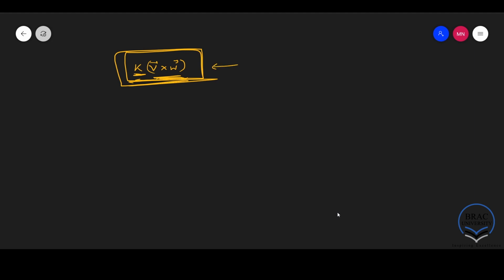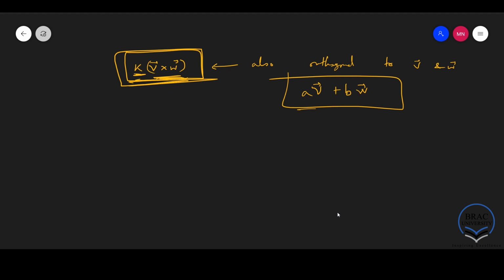So this is also orthogonal to v and w, as well as the linear combination of v and w. It is also orthogonal to the vector that we get from all the linear combinations of v and w, right? And the dot product of this vector with v and w, or the linear combinations, will also be equal to 0, right?